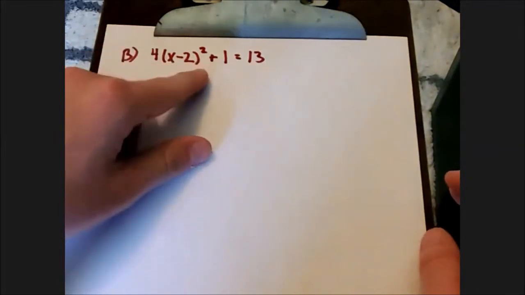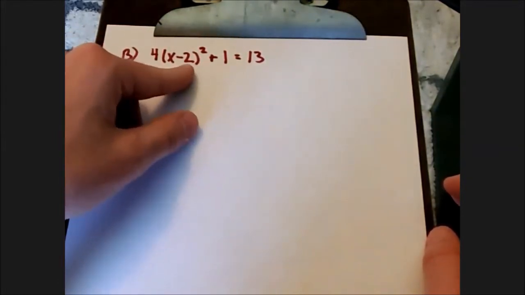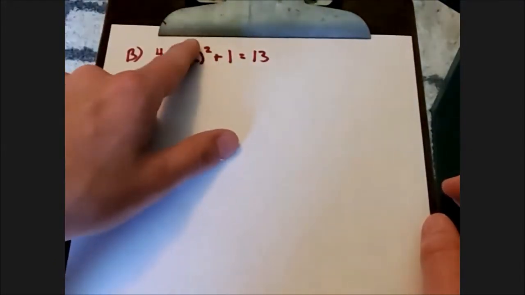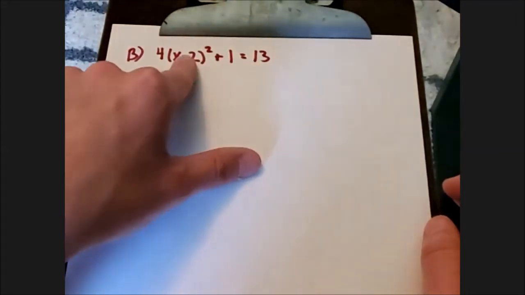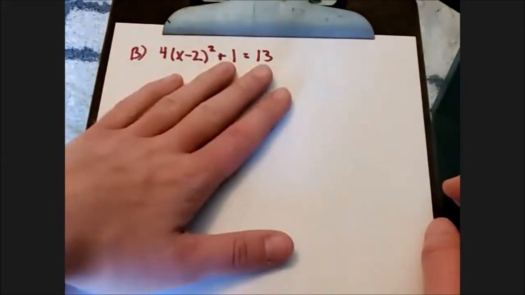And again, this looks a little different, but I'm lacking a b term. I don't have number times x anywhere in here. I have this squared term, and then I have a bunch of constants floating around, which indicates I can probably utilize the square root property.